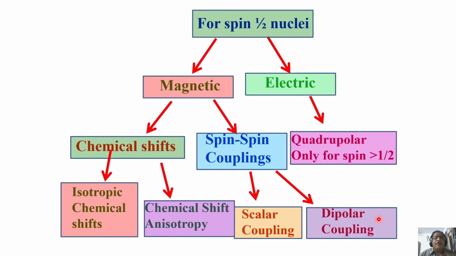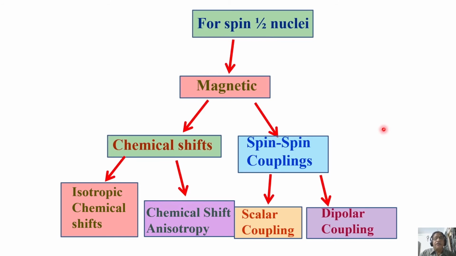When it is spin-half nuclei, what did I say? The electric interaction coming because of the quadrupolar coupling must be 0. It should not exist. True, that will disappear. So for spin-half nuclei, the electric interaction is 0. We have only magnetic interaction, which I have already classified into 2 parts, chemical shifts and spin-spin coupling.